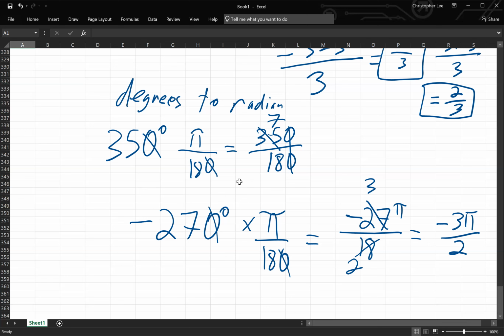On the final, this is section 5.1, I think. It's not going to ask for completing the square either.